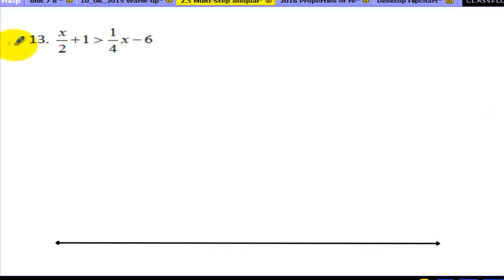Next question. Again, I have here denominators. I'm going to use my LCD, which is 4. I'm going to use my 4 here to multiply both sides of the inequality. So this is our multiplication property.